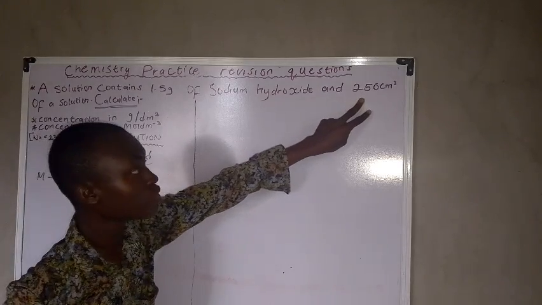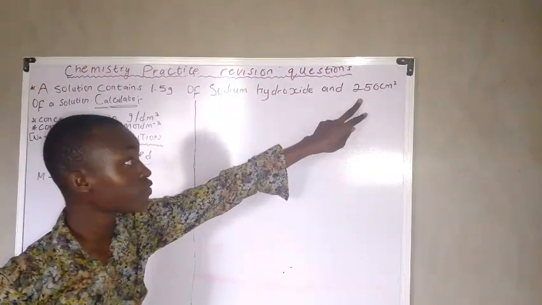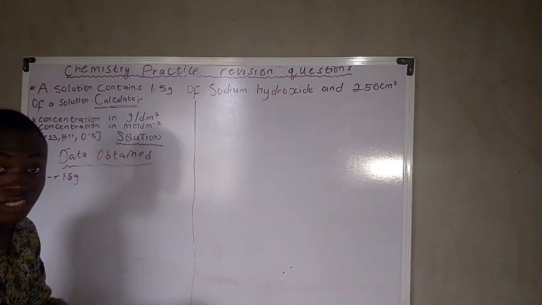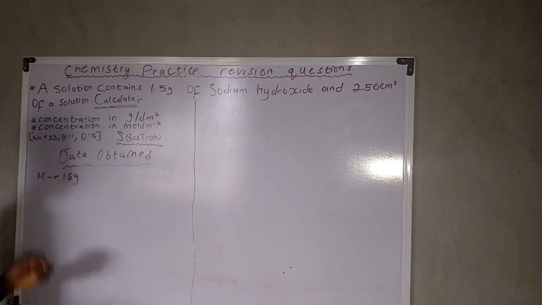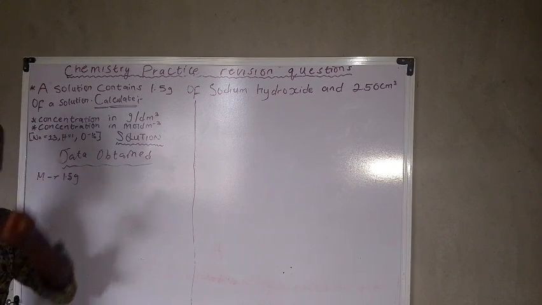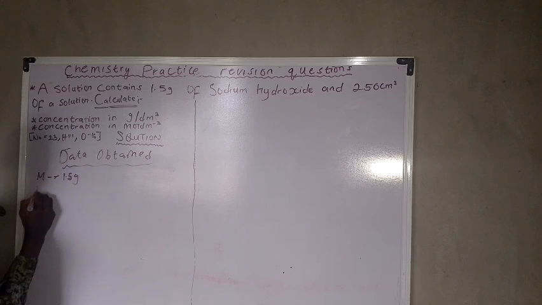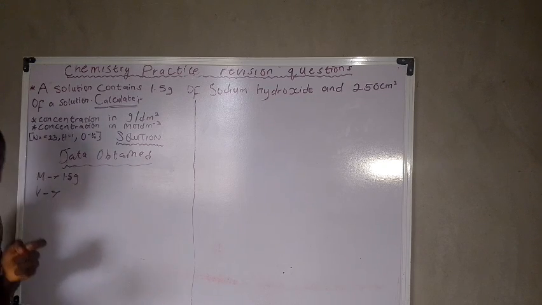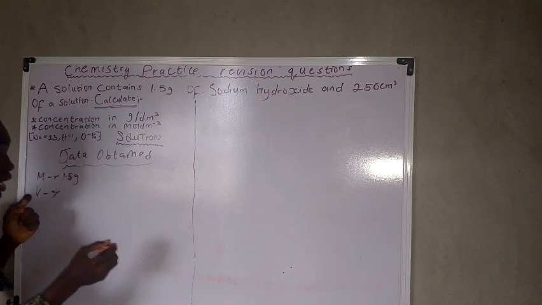The volume is 250 centimeter cube. We are not going to leave it in 250 centimeter cube; we are going to put it in dm cube. Our volume is going to be in dm cube, not in centimeter cube.